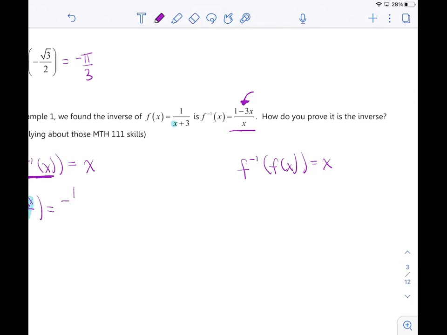So you end up getting 1 over, you put this in there, and then you add 3. All right, well, I can't leave it like that. And that certainly doesn't look like it equals X to me. So I definitely have to clean this up.